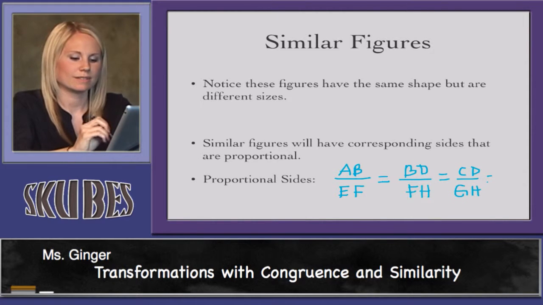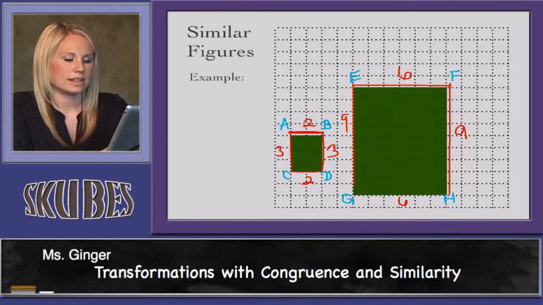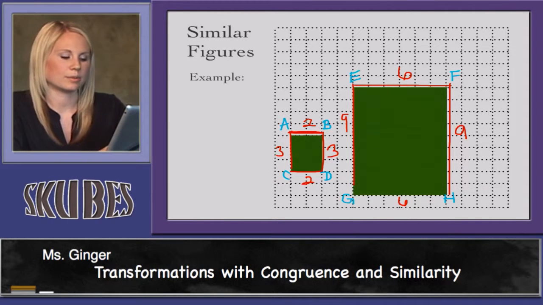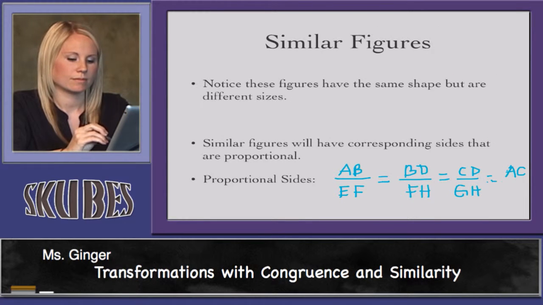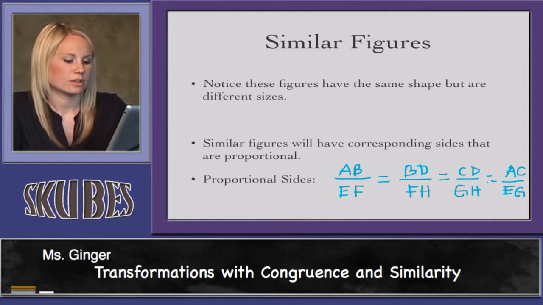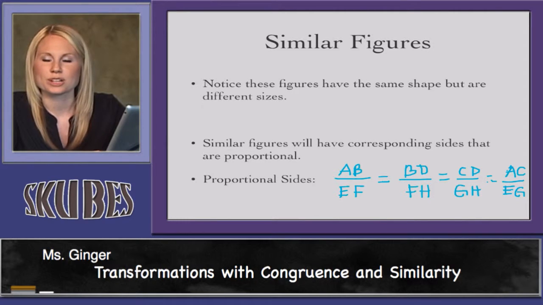And then last one is our left-hand side. AC is to EG with the same relationship. So there's our list of proportional sides if we need to do that in our problems. And this concludes our lesson on transformations with congruence and similarity.